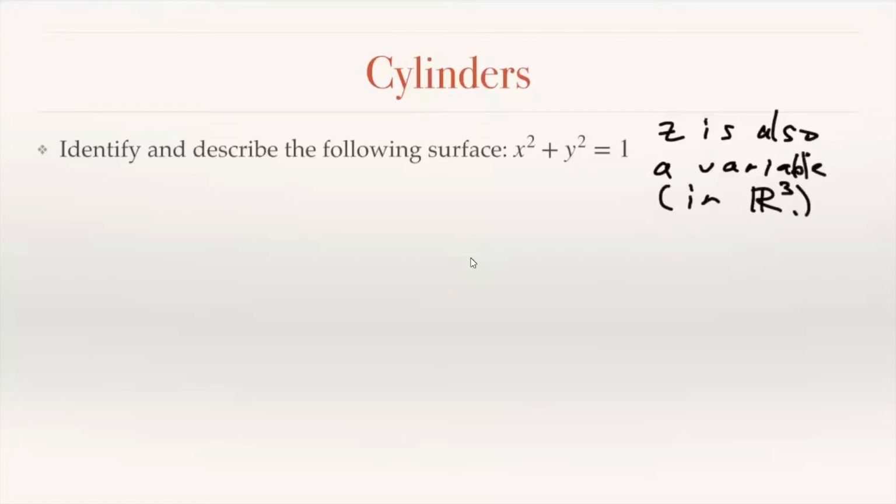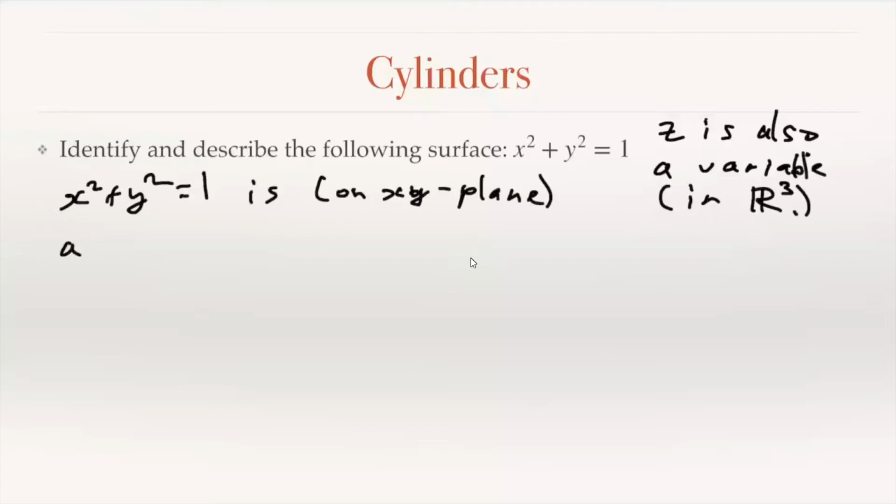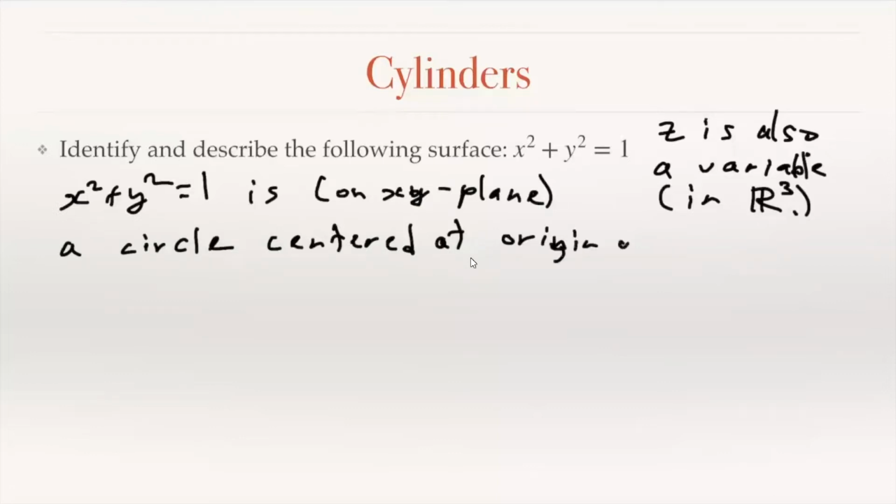Okay, so this surface, x squared plus y squared equals 1, on the xy plane is a circle centered at the origin of radius 1, as you'll all recall.